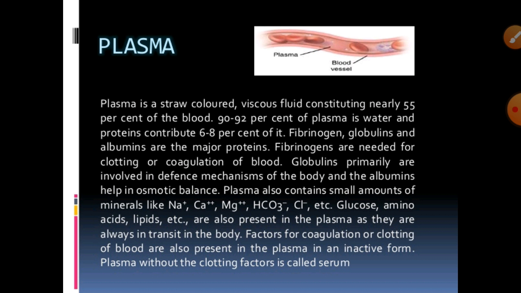As we all know, these different proteins and the water molecules are hydrophilic, right, meaning they are water-loving proteins. So generally they are always helpful to maintain the osmotic balance of the blood.